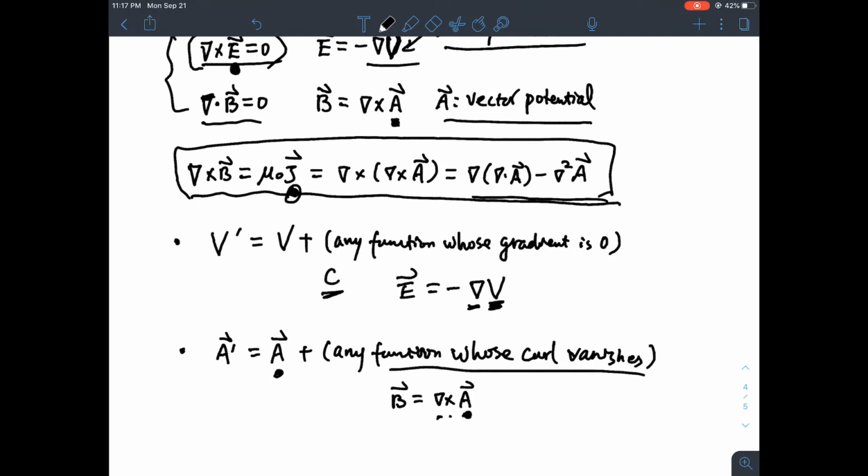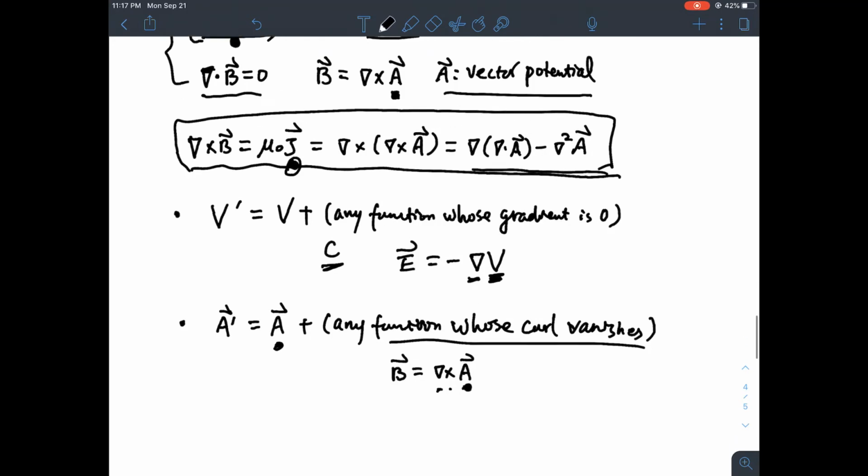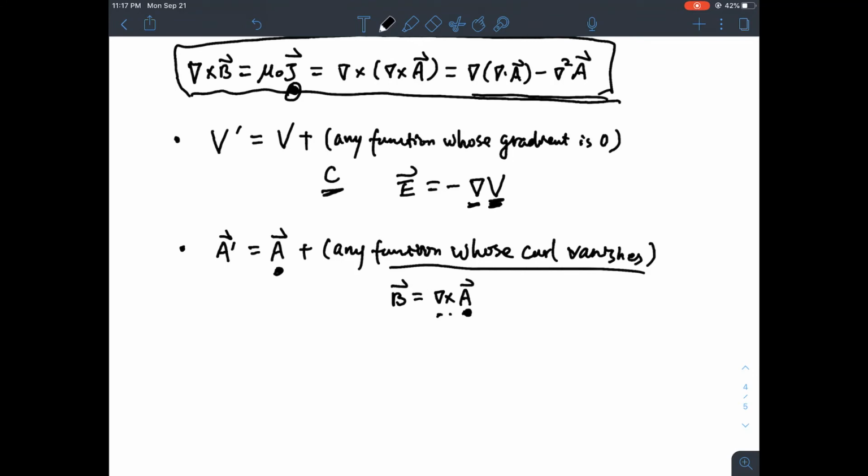So del cross A prime is still equal to del cross A. That means the magnetic field is still the same.